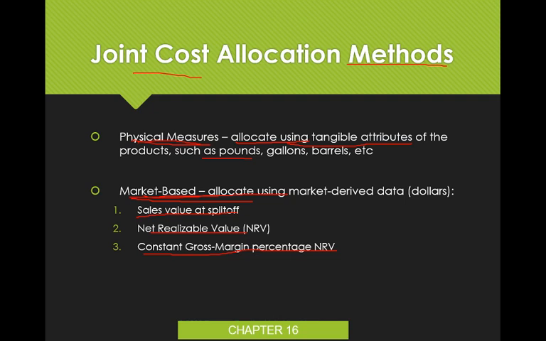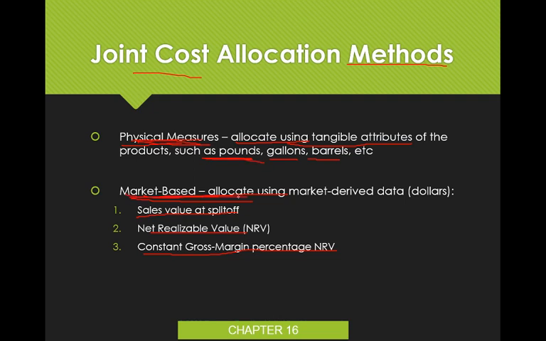We use physical measures, physical amounts, such as pounds, kilometers, kilograms, gallons, barrels, etc. We don't use dollar values for allocating in the first category; we use the physical measure for allocating.